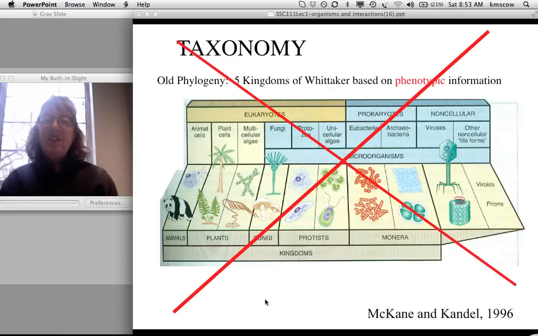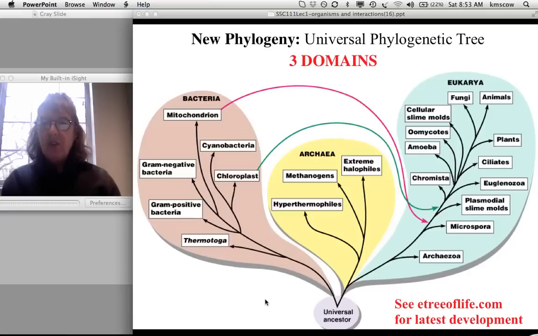And this has led to years and years and years of confusion and shifting, particularly among the microorganisms, what group goes in which category, and also it didn't provide a lot of information that allows you to look at relationships among these different life forms from perhaps an evolutionary point of view.